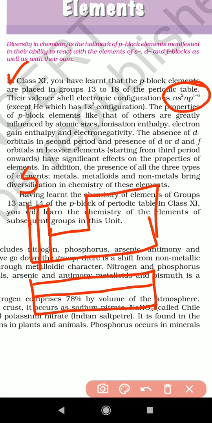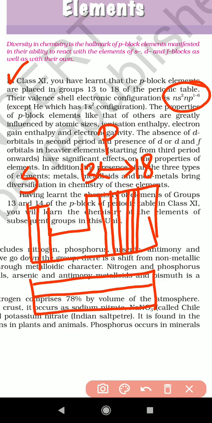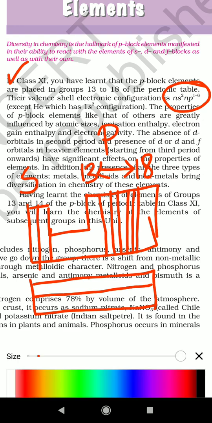On the right side, the columns from the 13th group up to the 18th group are called P block elements. In between S and P block, these elements are called D block elements.